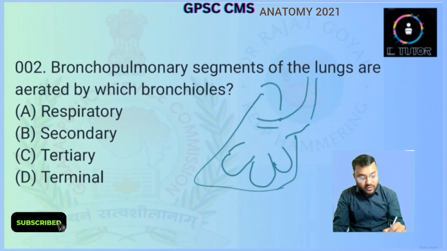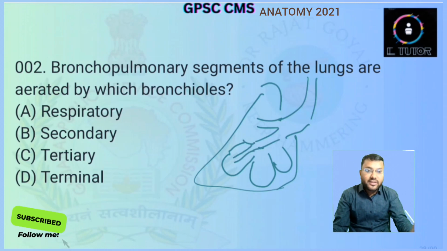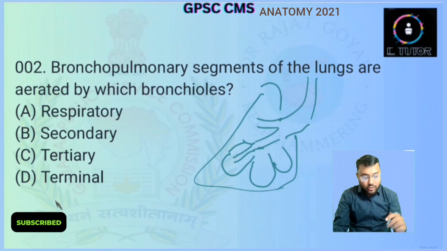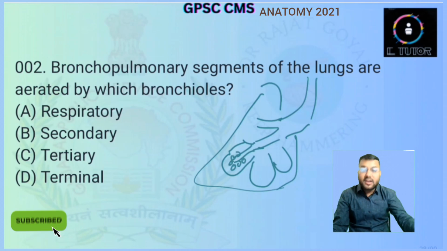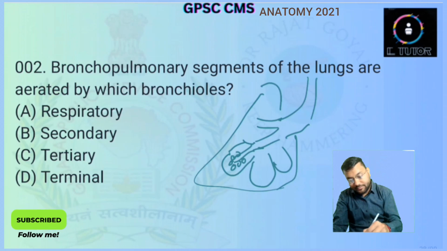When the bronchus divides, it divides into tertiary bronchioles which enter the bronchopulmonary segments, and after entering they further divide to aerate the alveoli. So the answer will be tertiary bronchiole.